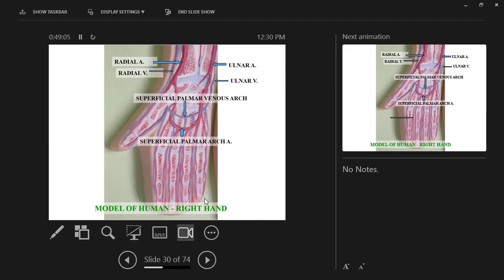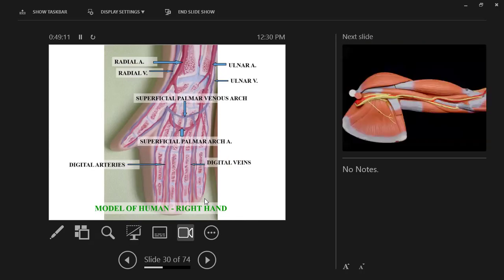And we have the digital arteries and the digital veins. The digital arteries are coming off of the palmar arch, supplying blood to the tissues of the fingers, of the phalanges, and the digital veins are returning that blood to the venous arch and taking it back to the ulnar vein and the radial vein back up to the heart.